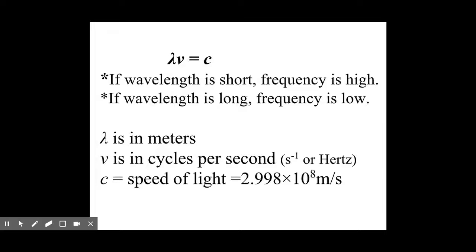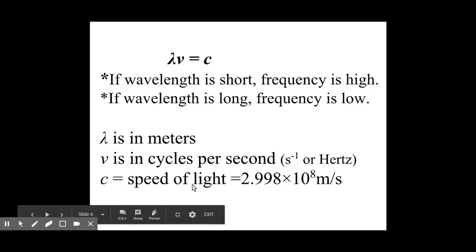One will be high, one will be low. The way you tell is by looking at the exponent. If the exponent in scientific notation is negative, it is a very small number. A positive exponent is a big number. And the speed of light is given to you on your AP test formula chart, so don't worry about memorizing that.